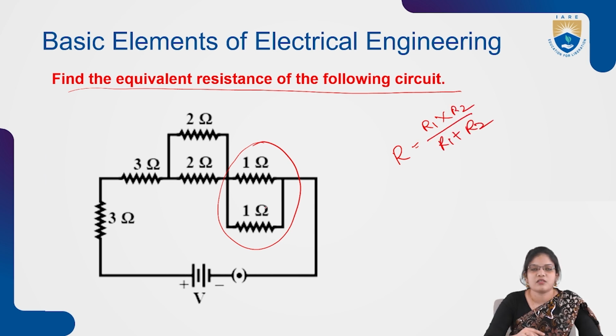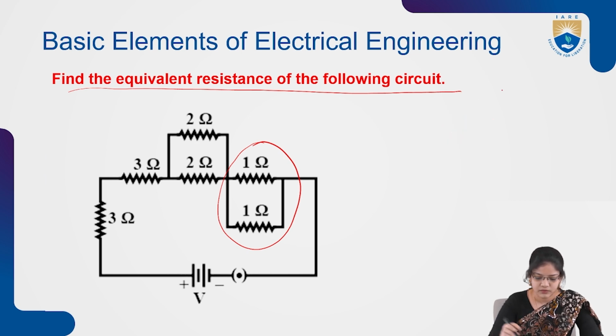If two resistors are connected in parallel, this is the basic formula to reduce the circuit. Here are the two resistors connected in parallel. This can be reduced as 1 into 1 by 1 plus 1, which will be 1 by 2.